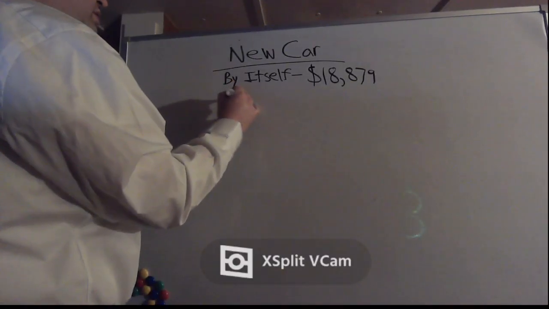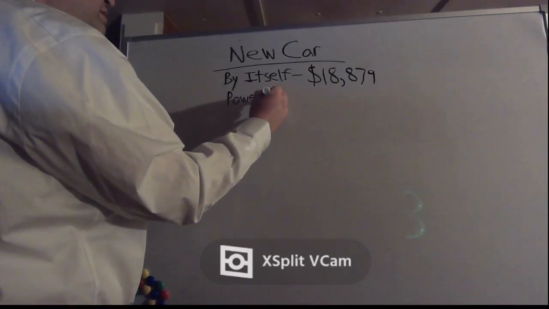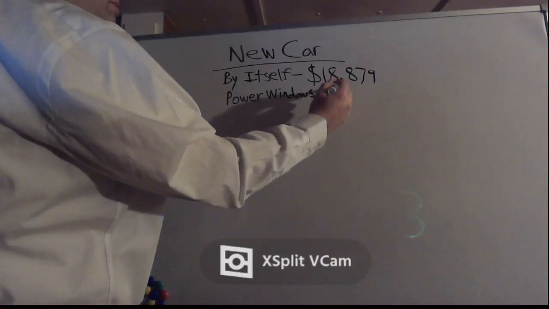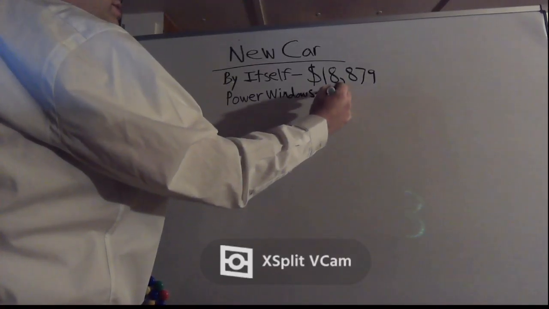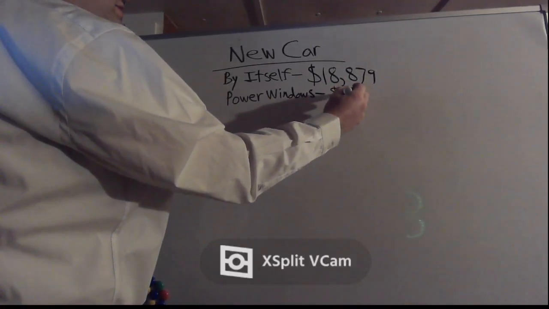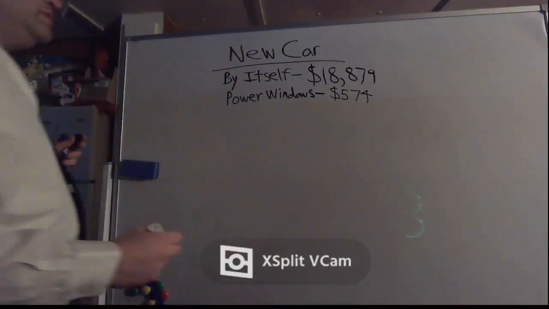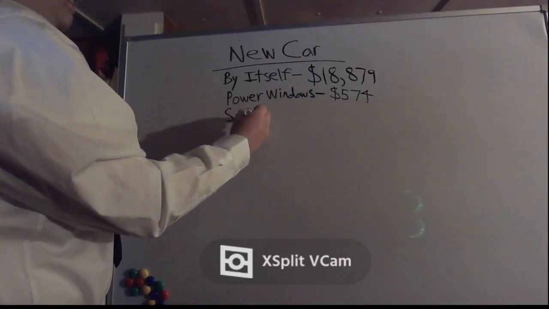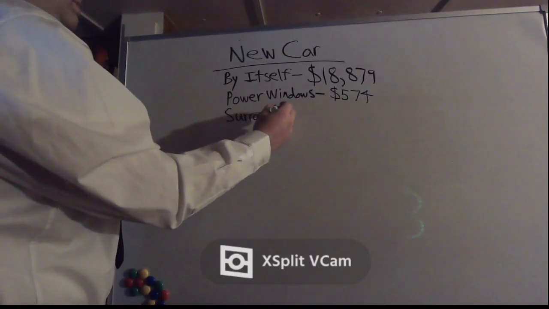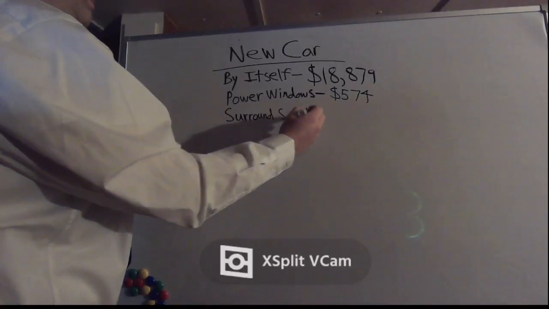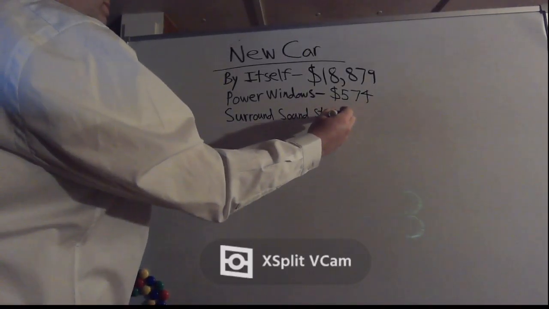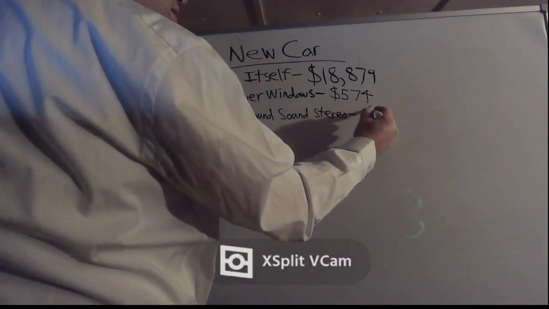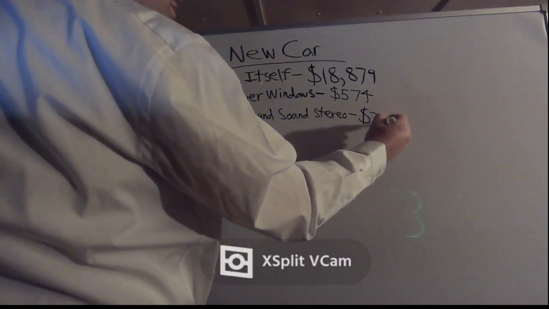Let's see. You want power windows with that car. Well, that's going to add another $574. You want a surround sound stereo. That's going to be another $234.